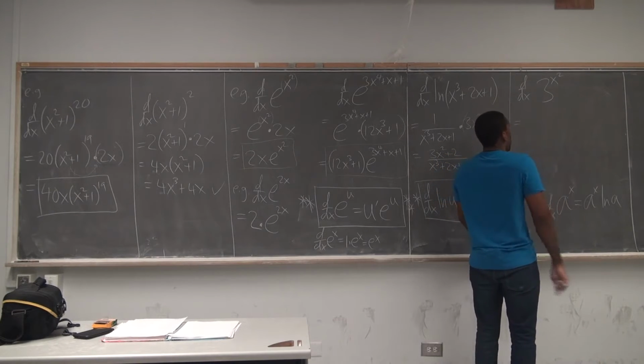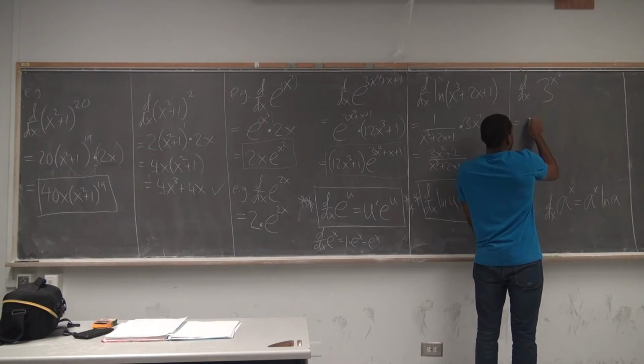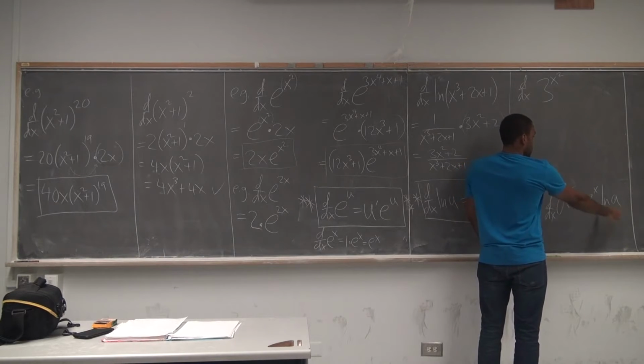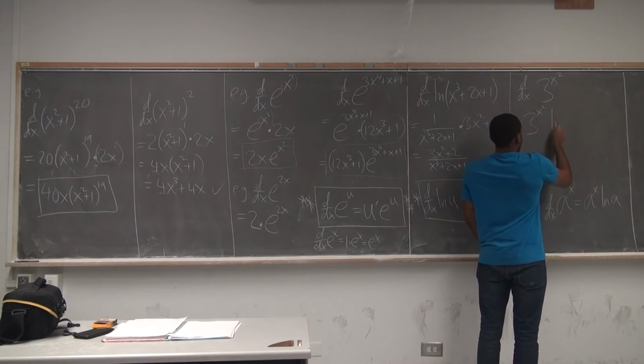So the derivative of the outside is going to be what? You copy the same thing, then you put ln of the base.